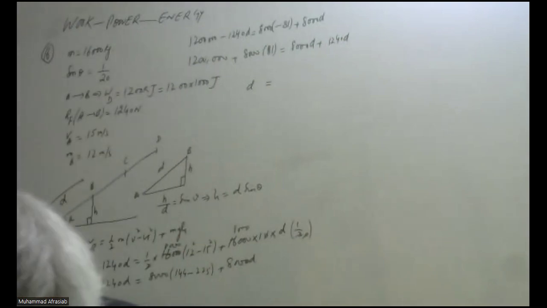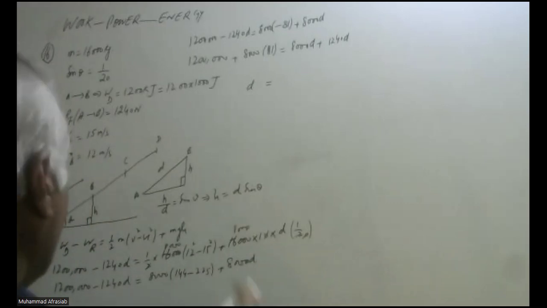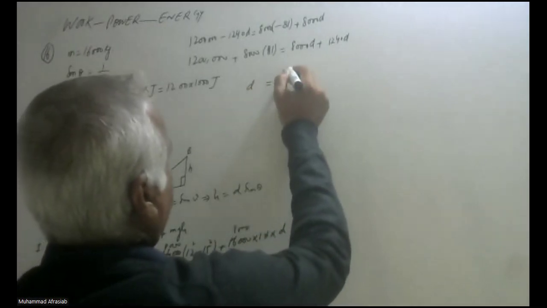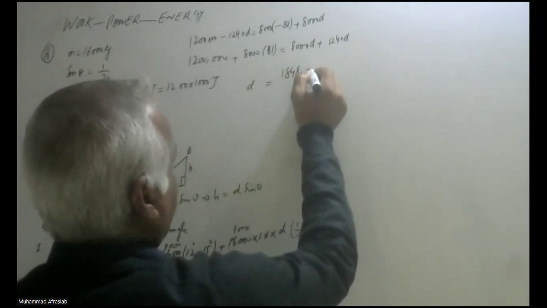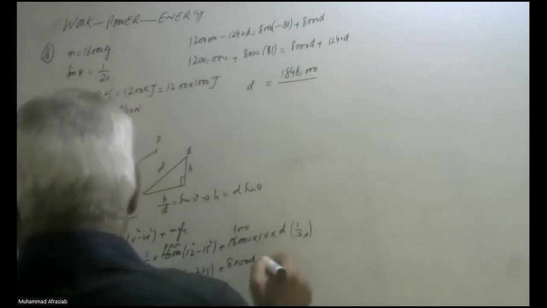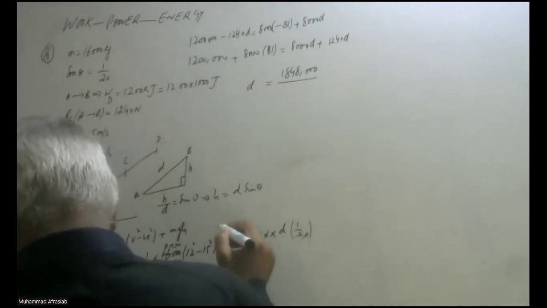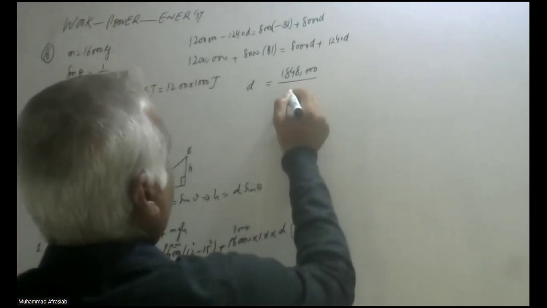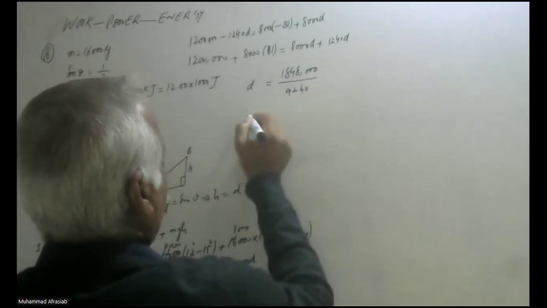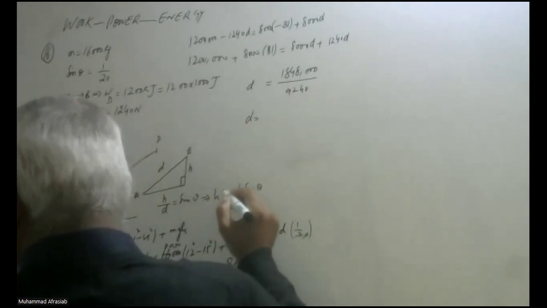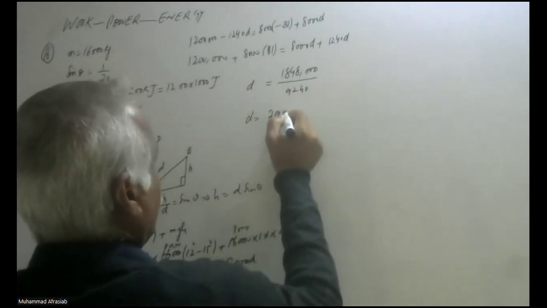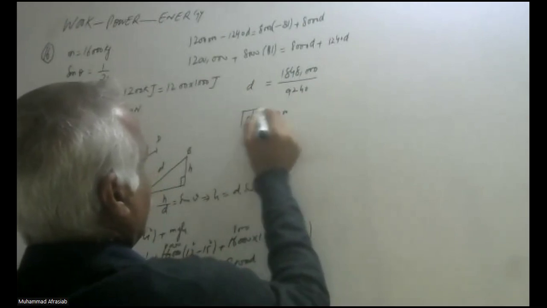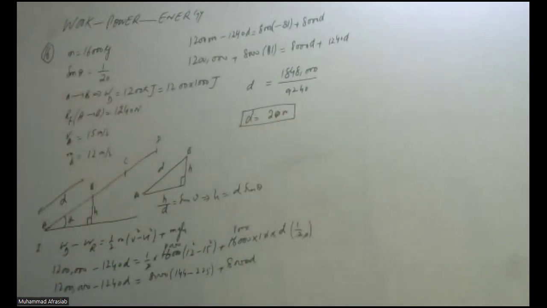And this value is equal to 1,848,000 divided by 9240. This distance is basically equal to 200 meters, the distance traveled from A to B for the first part of this calculation.